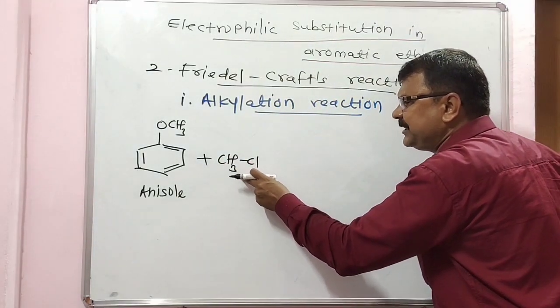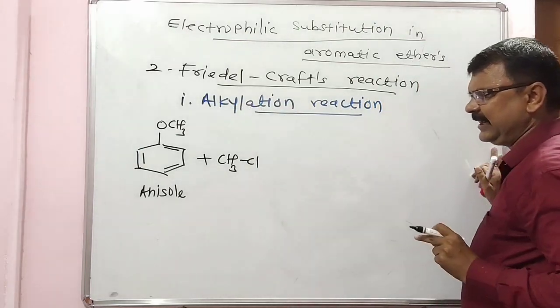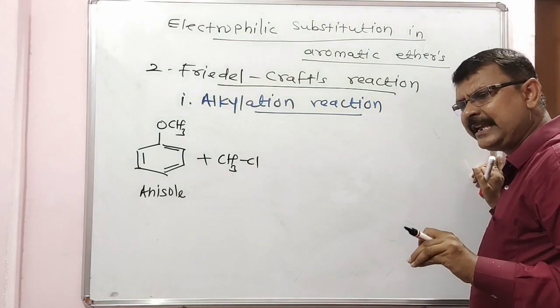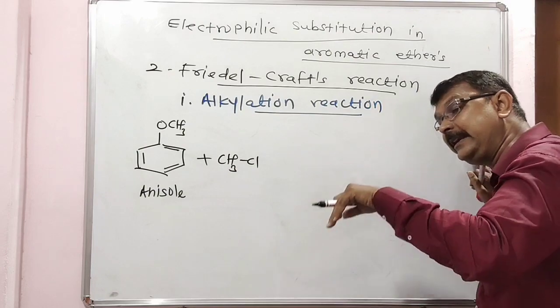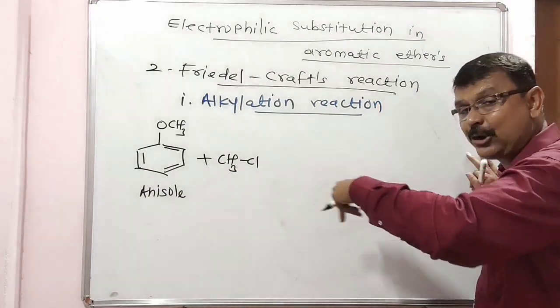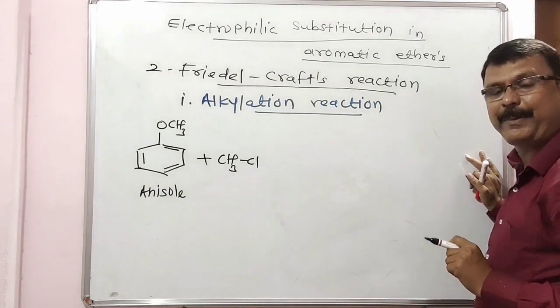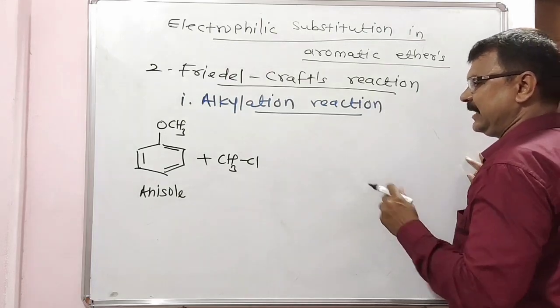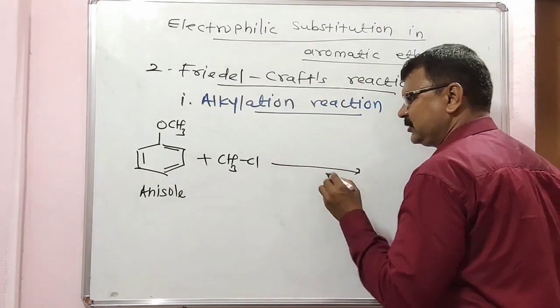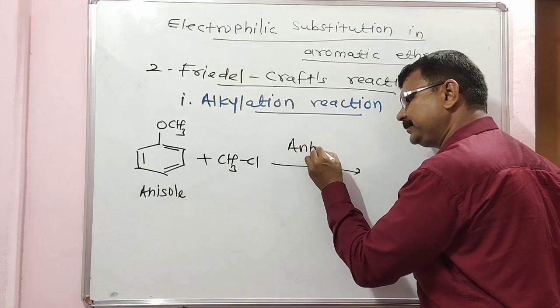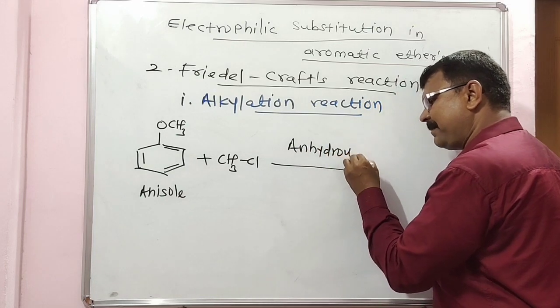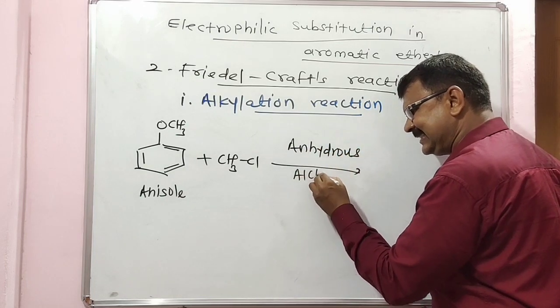Methyl is an alkyl group, so this is an alkylation reaction. An alkyl group is introduced into the benzene ring of the aromatic ether, in the presence of anhydrous AlCl3.